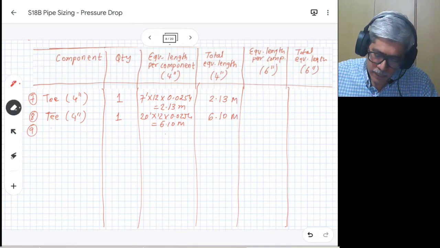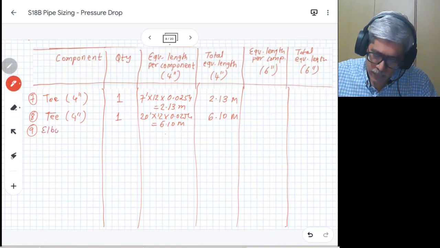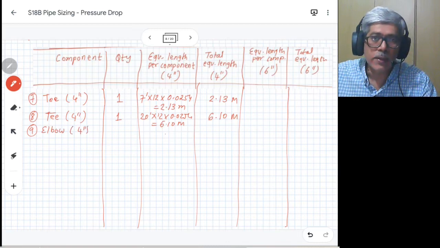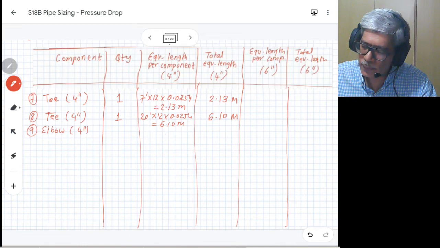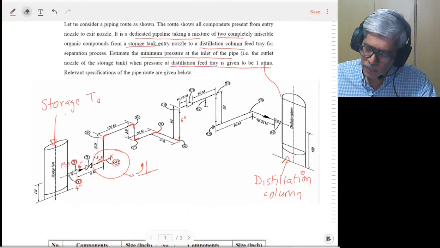The next items are the elbows, which are of 4-inch size. We have to see whether they are long radius or short radius. So we'll go to the main picture.